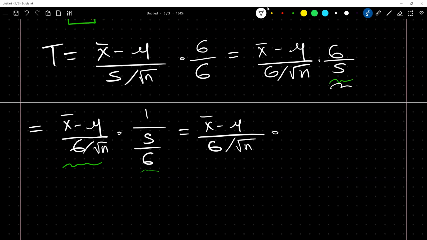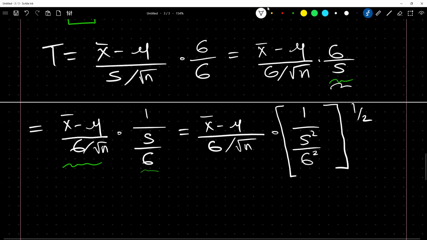The first thing I'll do is square this. So I'm going to get 1 squared is 1, s squared is s squared, and then sigma squared is sigma squared. Now, because I squared it, I have to take the square root, otherwise I've changed the value. So I take the square root. Now I'm going to do one more thing, which is multiply it by 1 in the form of n minus 1 divided by n minus 1. So now I've got n minus 1 here and n minus 1 here.